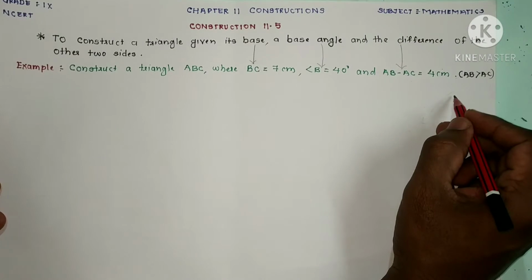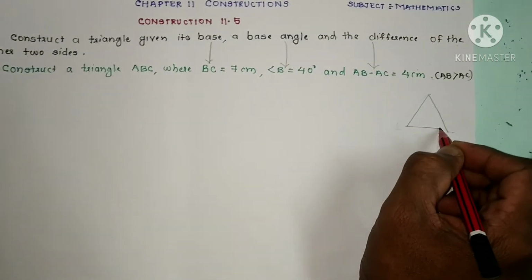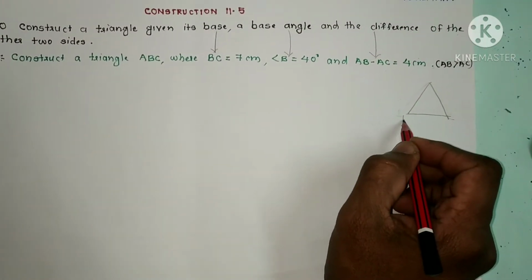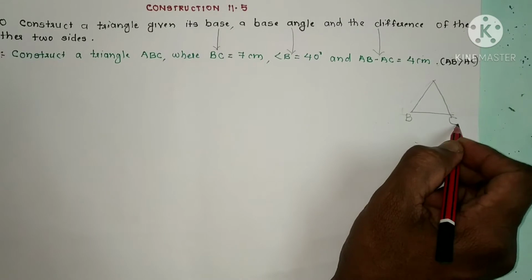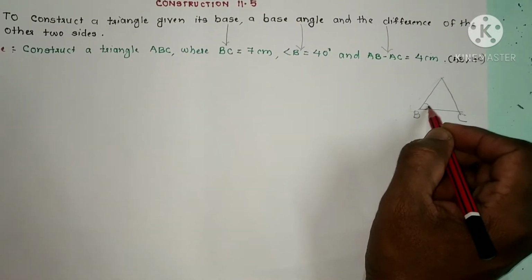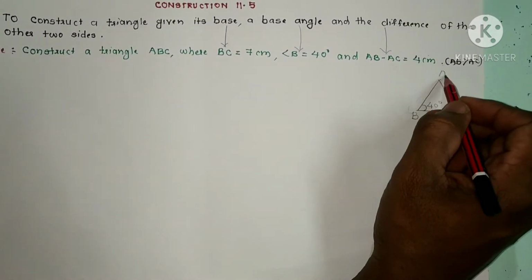So for this let us draw one rough sketch here like this. So base is BC and angle B is equal to 40 degrees. Let us take this angle B as 40 degrees.